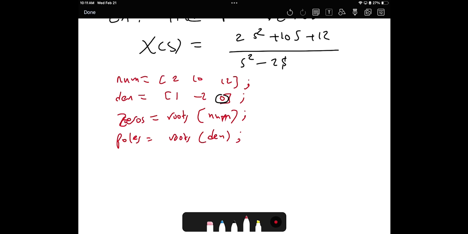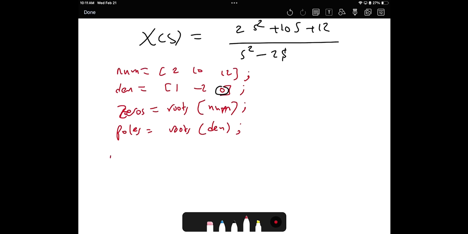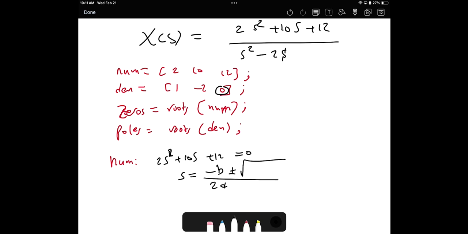How about if we use the analytical tool? Let's look at the numerator: we have 2s squared plus 10s plus 12 equals 0. How to find s? Using the general rule, which is negative b over 2a, plus minus the square root of b squared minus 4ac.